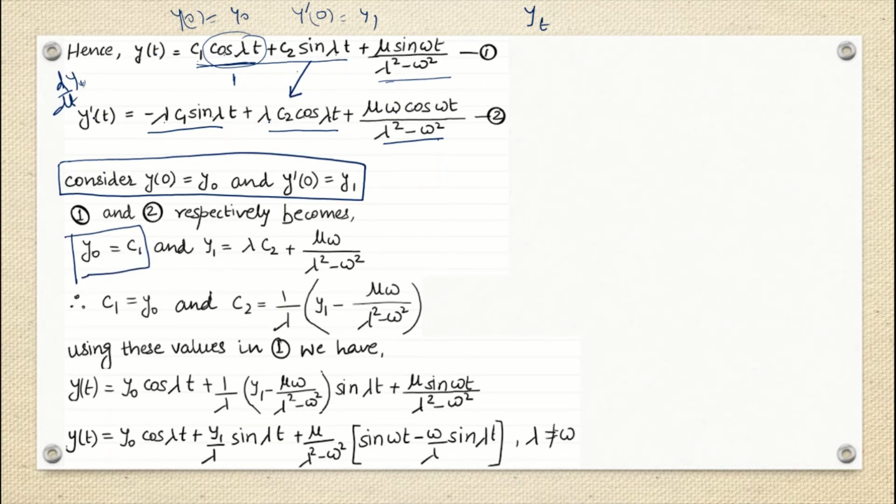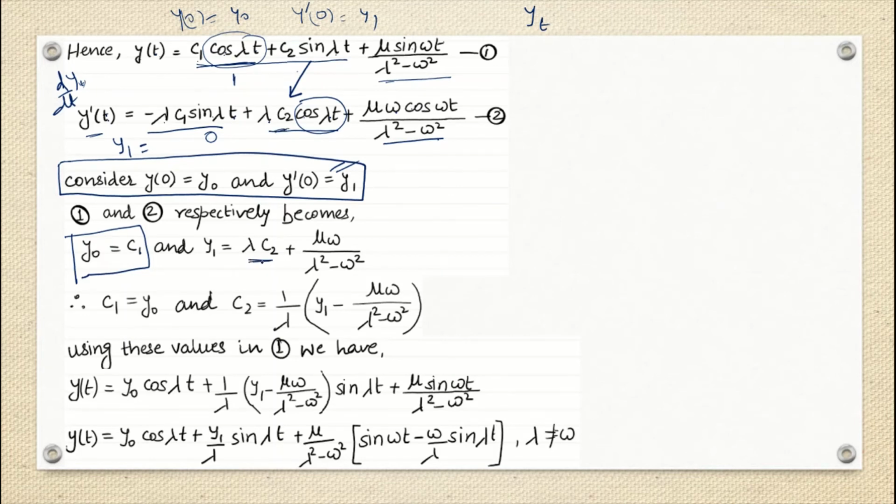So in the second equation, we will write down t equals 0. So y dash 0 is nothing but y1. At t equals 0, this complete term will become 0, and this complete term will become 1. So it will be lambda c2, correct?